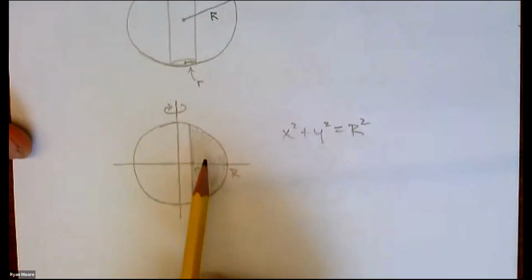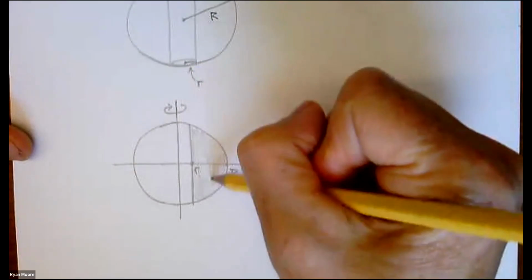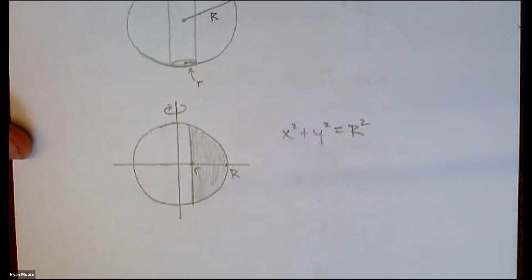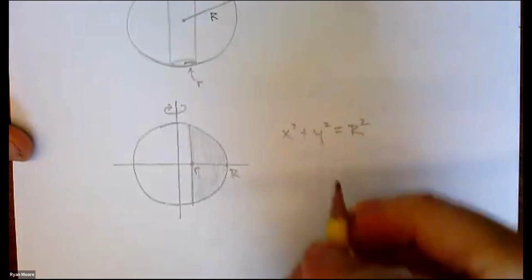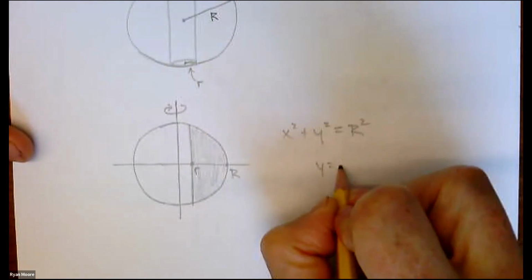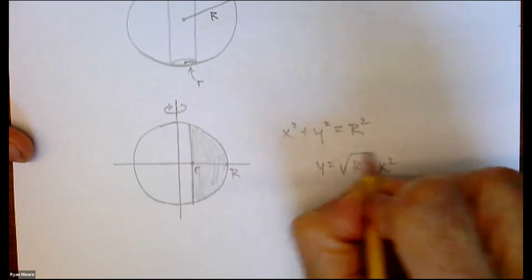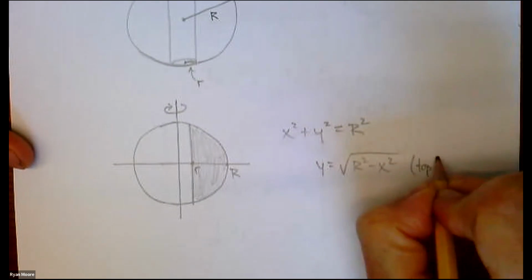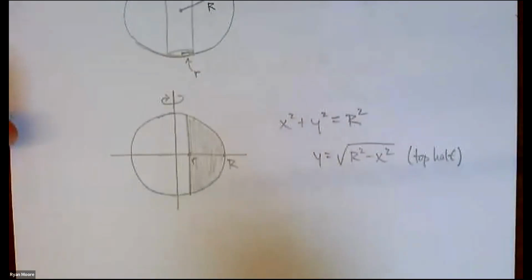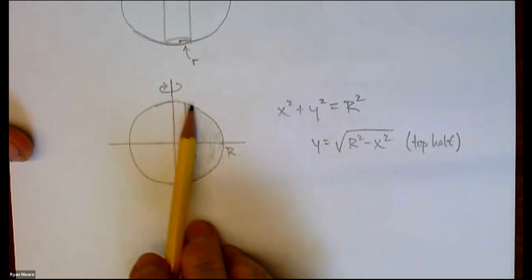I'm actually going to do another drawing in a second, but that height would move vertically. Here, y equals the square root of capital R squared minus x squared. This would be the top half of our circle.